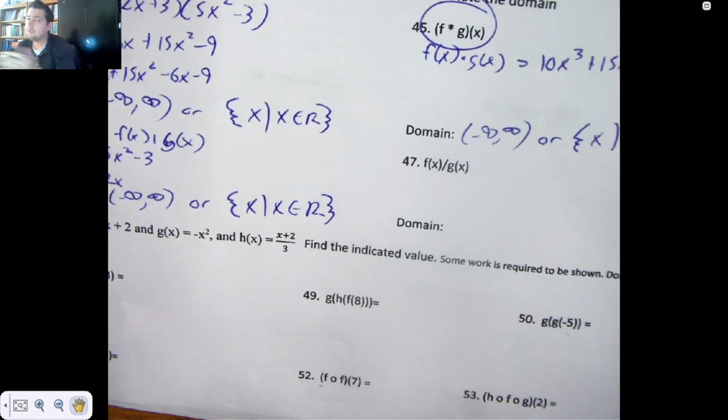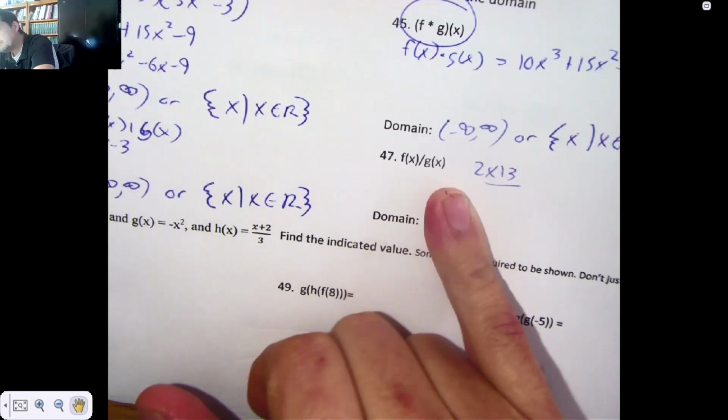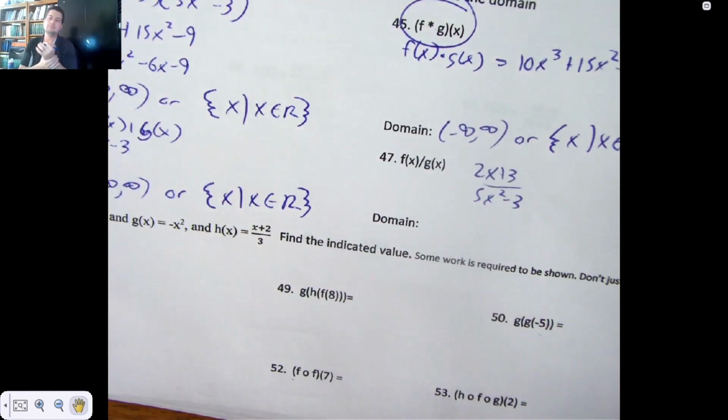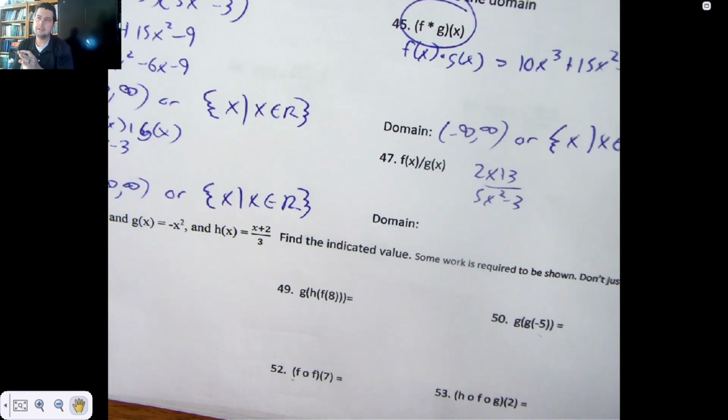47 is going to be a rational function, f of x divided by g of x. That's 2x plus 3 sitting pretty over 5x squared minus 3. It is going to have some limited domain. It is going to have what we call vertical asymptotes. I don't know that the TI-84 can show them, but they're going to be at whatever the square root of 3/5 is.